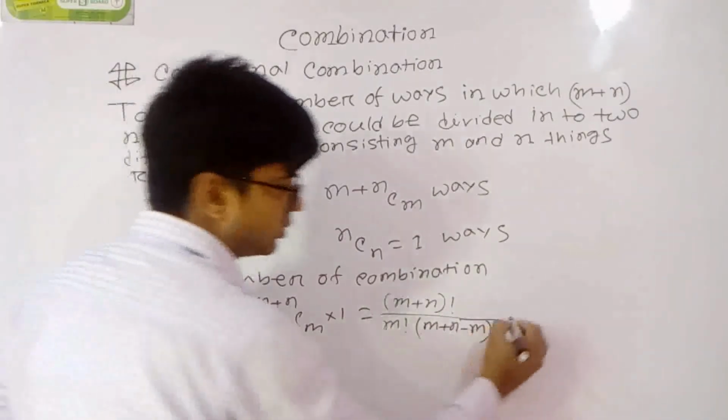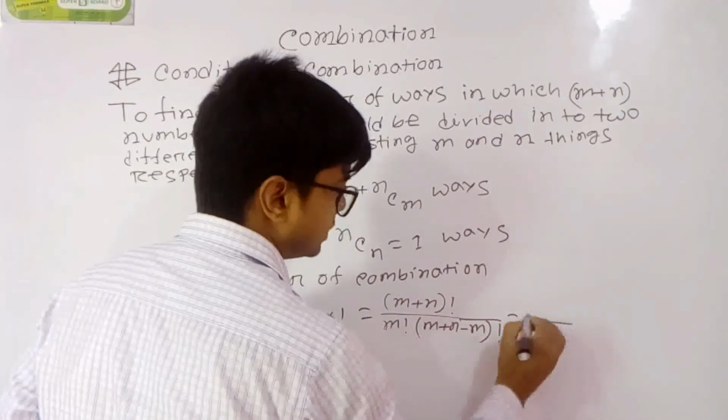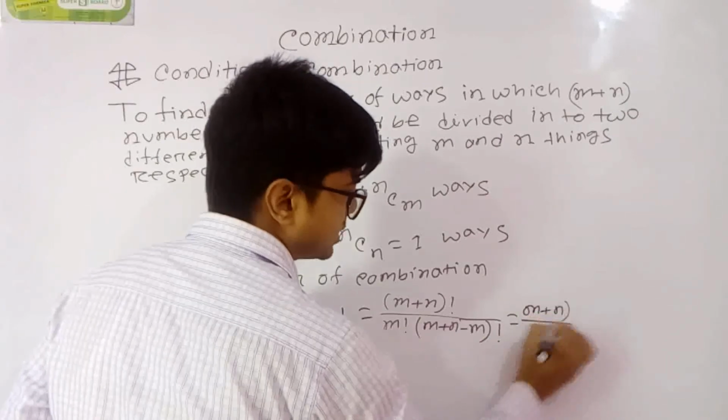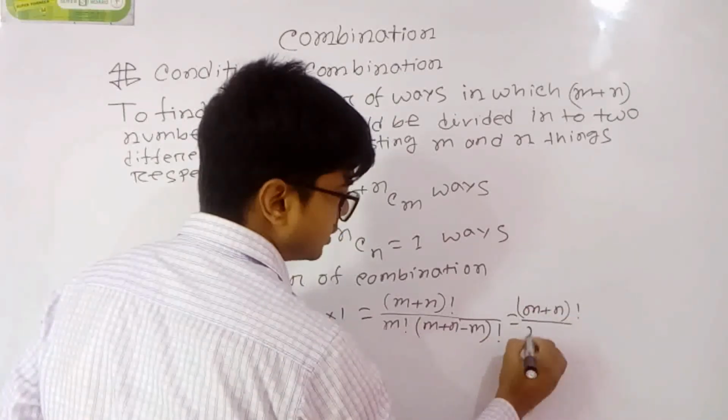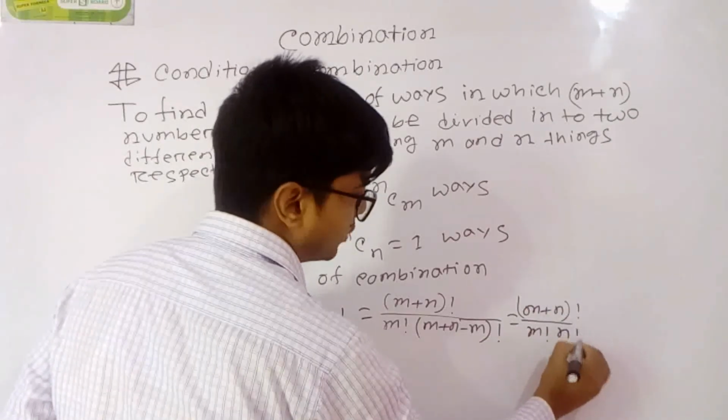So our answer will be factorial (m plus n) over factorial m, factorial n.